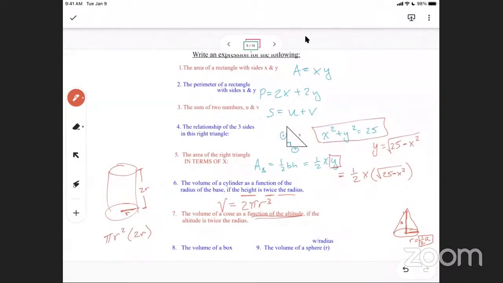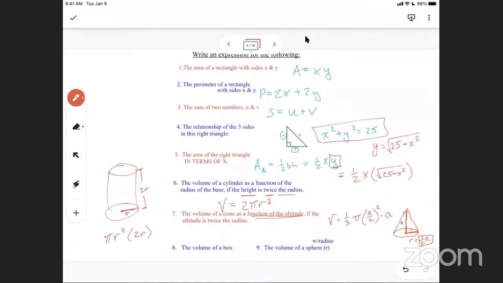So we're going to do 1/3 the area of the base times the altitude. Pi r squared, well, r is a over 2, squared, times the altitude.